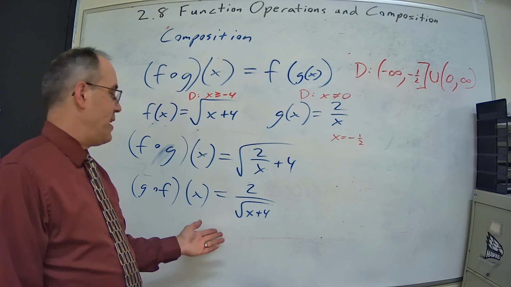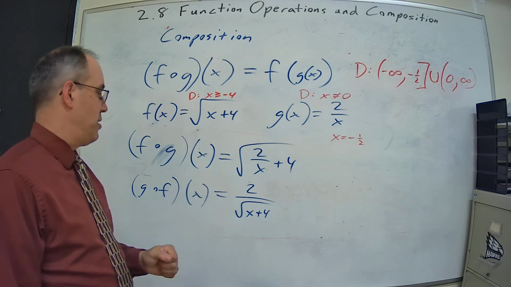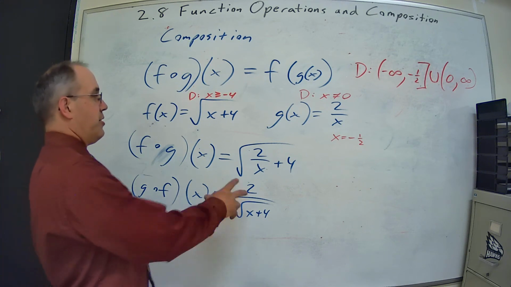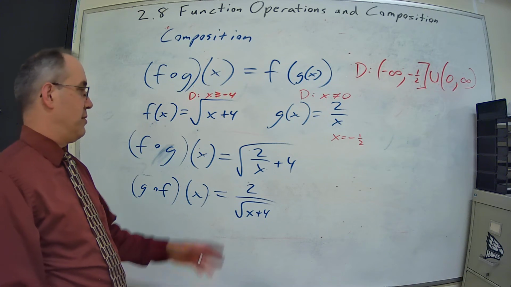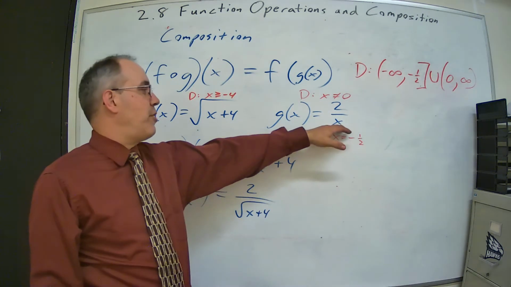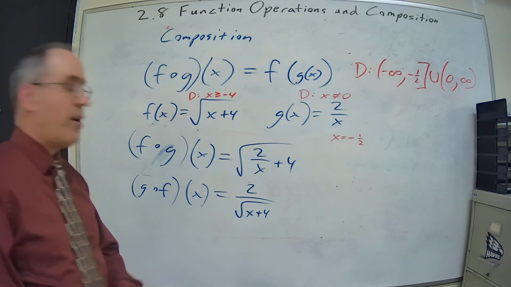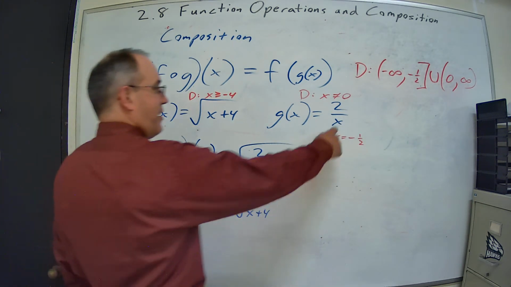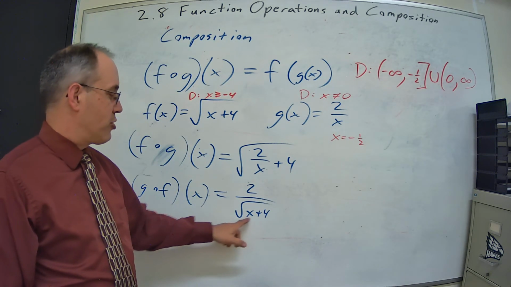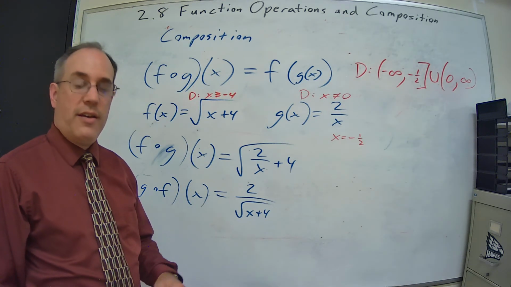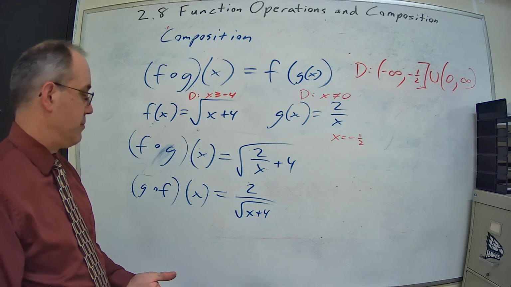So we don't have any limitations on what can come into this function g of x. Sorry, let me change that. x can't be equal to 0, so I can't allow the square root of x plus 4 to be equal to 0. So that's going to be my limitation.